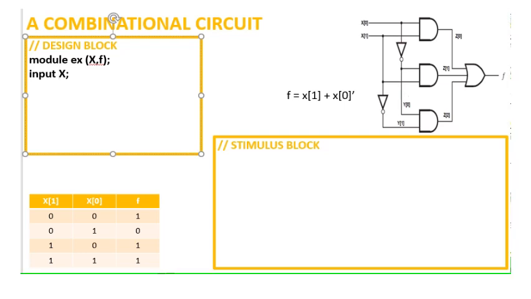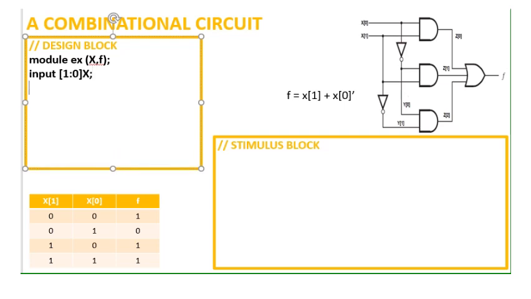It's a 2-bit signal represented as x of 1 and x of 0, so you need to give the starting and ending index values inside the square brackets: 1 is to 0. Here 1 is the most significant bit index and 0 is the least significant bit index. Output is just single bit F.